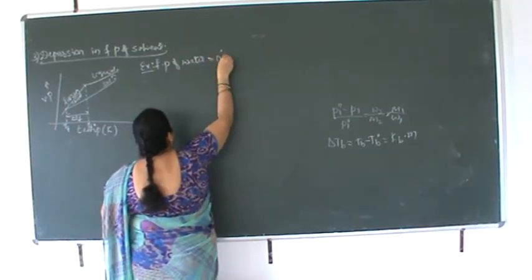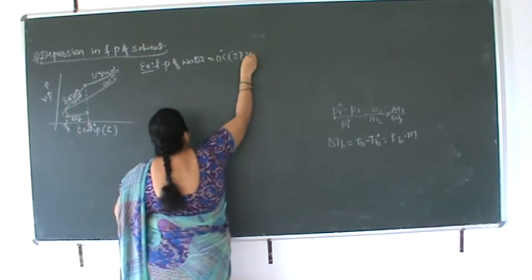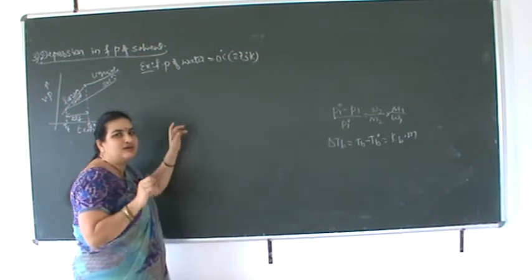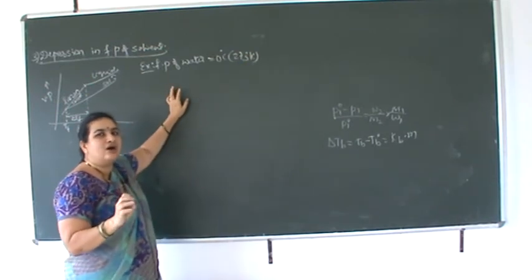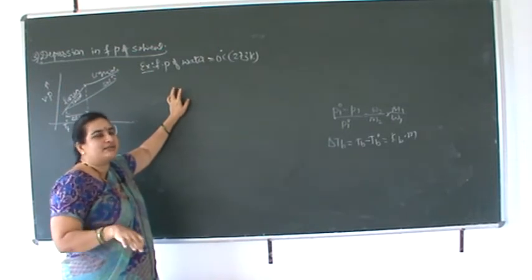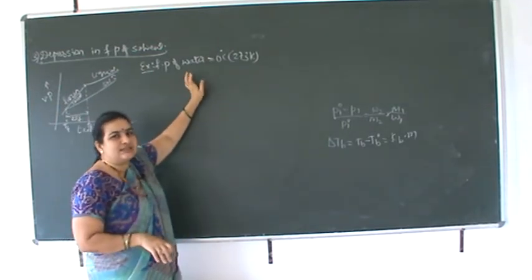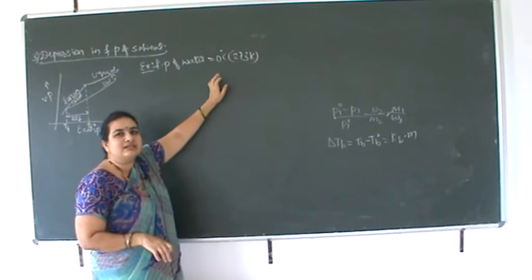We know that. Okay. So now, if we make a solution in water by dissolving a non-volatile solid, for example, water freezes at 0 degree or 273 Kelvin.